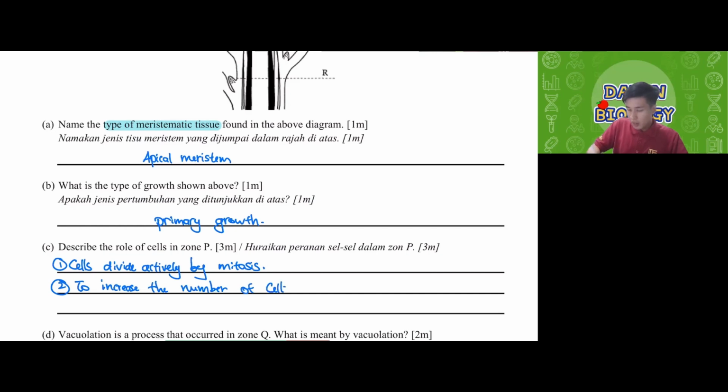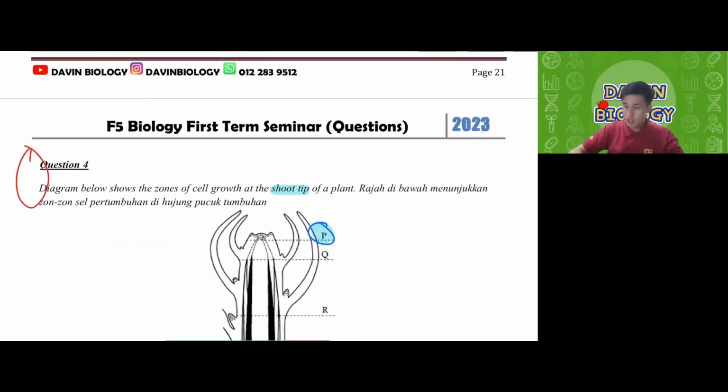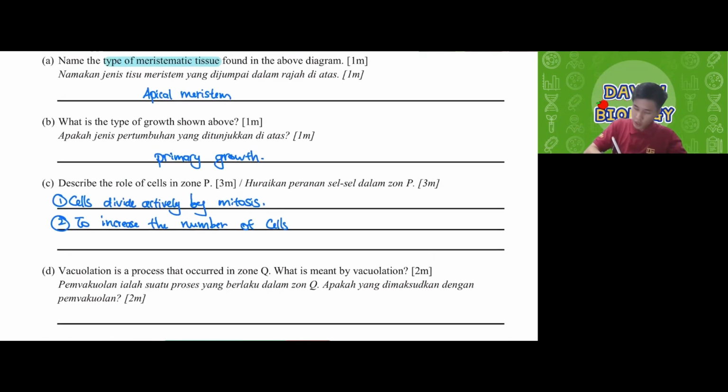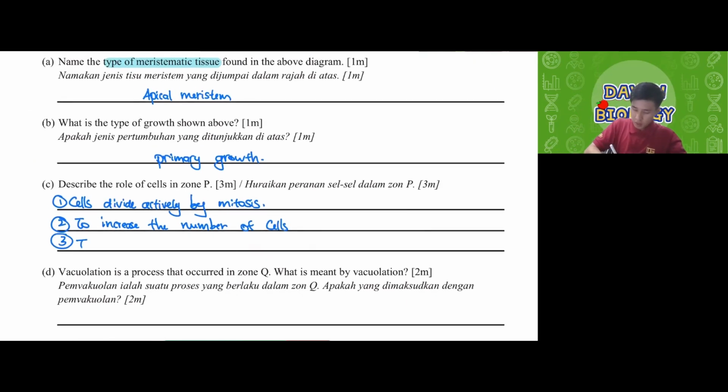But why do I need more cells? I think some of you will mention growth. Or since this question is showing you shoot, you can say to increase the length of shoots. That is also fine. So we write this: to increase the length of shoots.